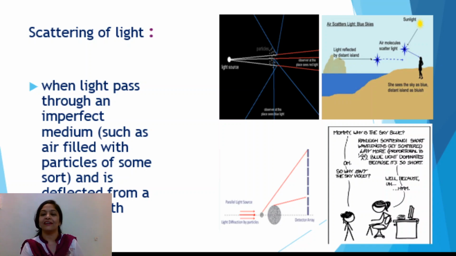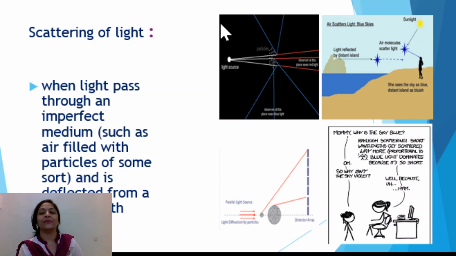Now you can see here in the diagram also, the blue light is scattering more than the red light. It means that the light rays which have more wavelength are deflecting less.